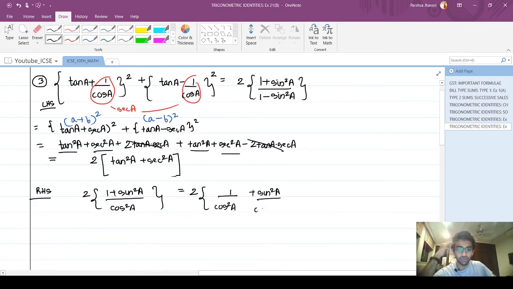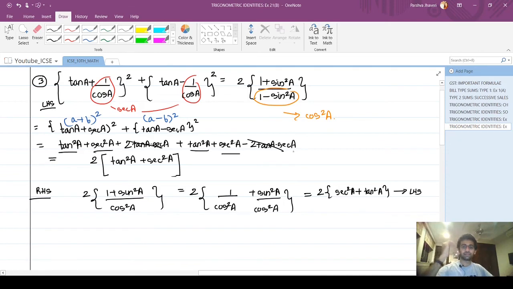Now guys, if you notice, this is nothing but 2 into sec square A plus tan square A, and this is nothing but your LHS. Hence proved. This is nothing but cos square A. Okay. So this was how you solve the third sum.